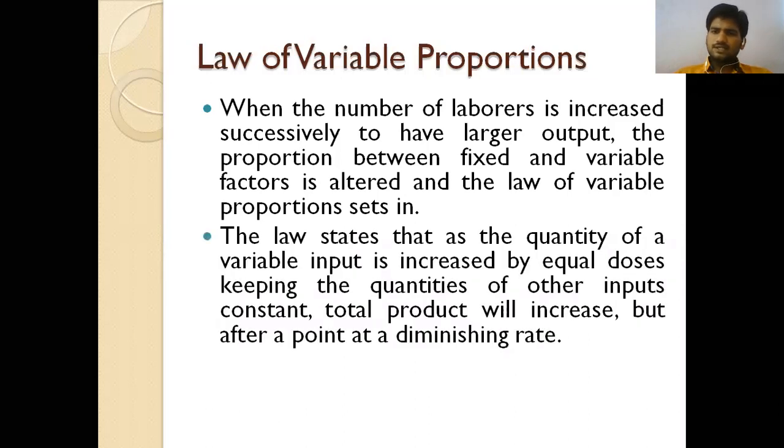Then the law states that as the quantity of a variable input is increased by equal doses, keeping the quantities of the other inputs constant, the total product will increase, but after a point at a diminishing rate.